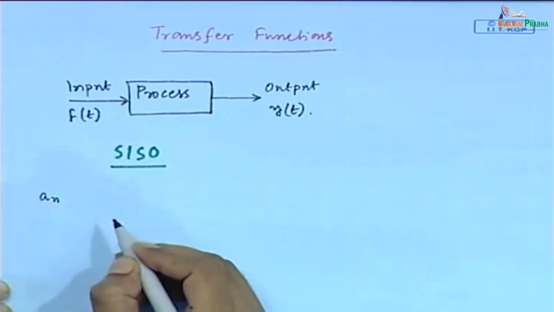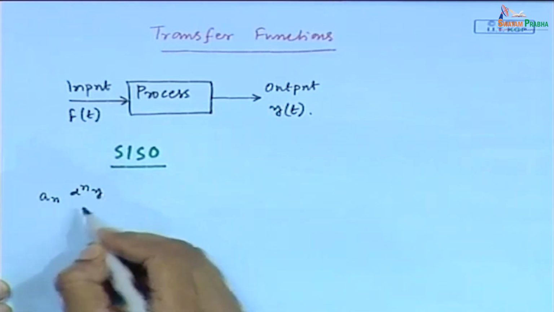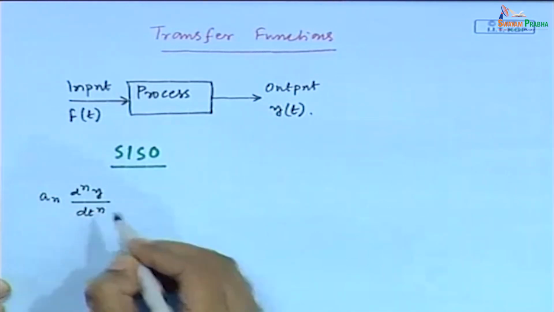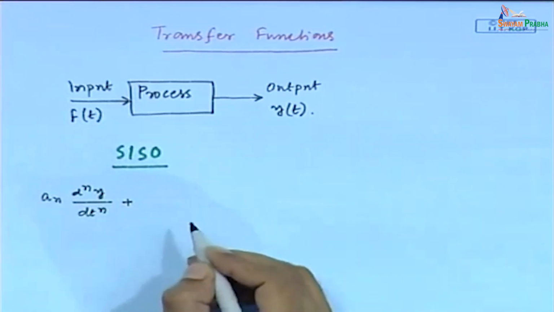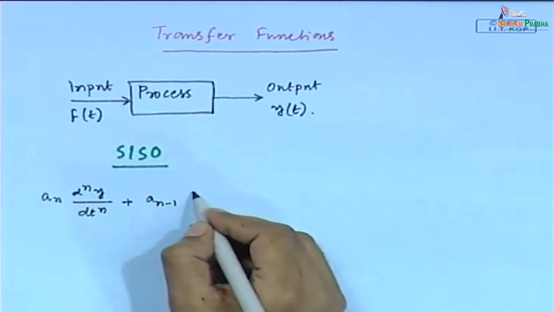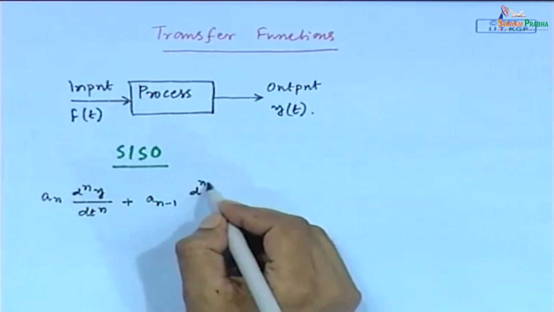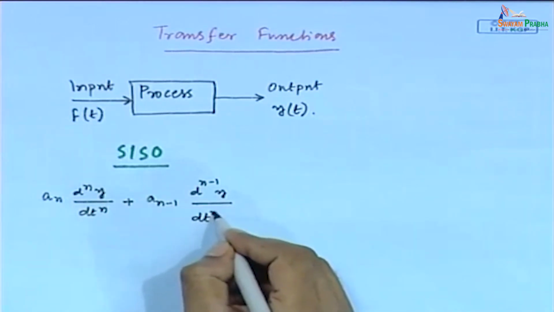We are representing it by an nth order linear or linearized equation, d^n y/dt^n plus a_(n-1) d^(n-1) y/dt^(n-1) and so on.